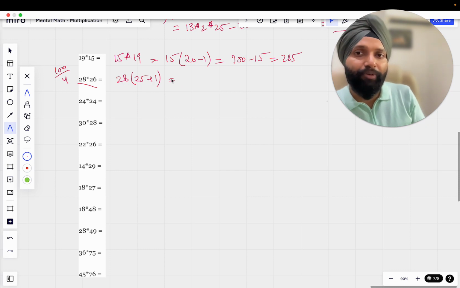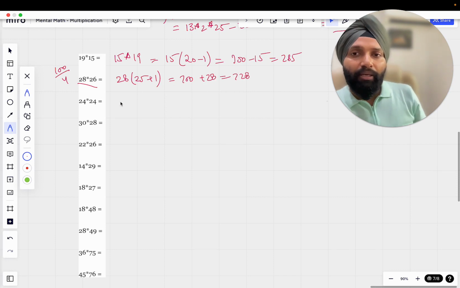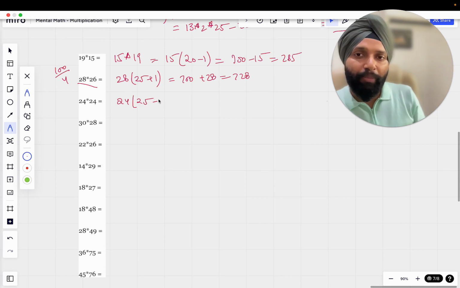So 28 by 4 is 7, so it becomes 700 plus 28. So again 24 into 24 is 24, 25 minus 1. So again 25 means 100 by 4, so I'm going to divide 24 by 4, which is 6. So 600 minus 24, which is 576.